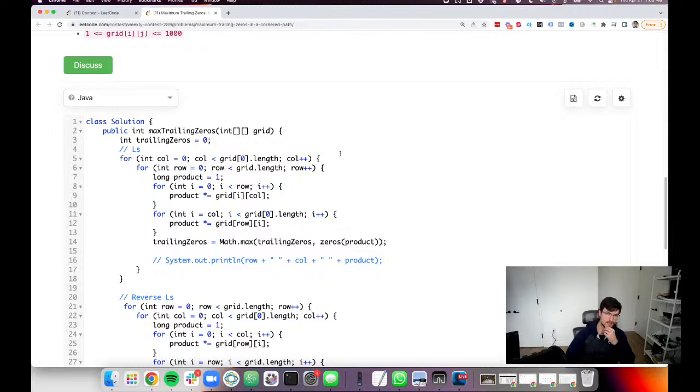We could essentially, and I guess we're going to have to do this for each one of these, but here's my idea: if we were to just count the number of occurrences of numbers that are divisible by 10, divisible by 5, or divisible by 2, then we would be able to take that and count the total number of zeros.